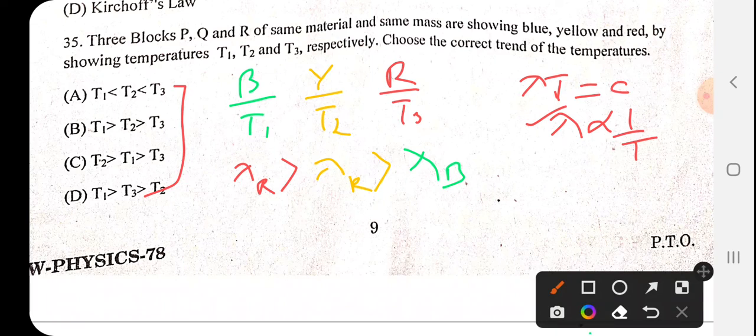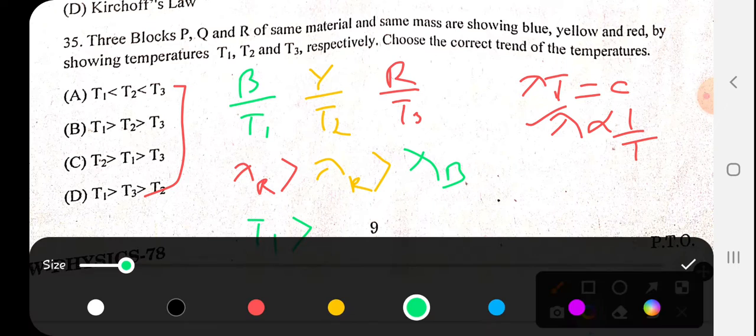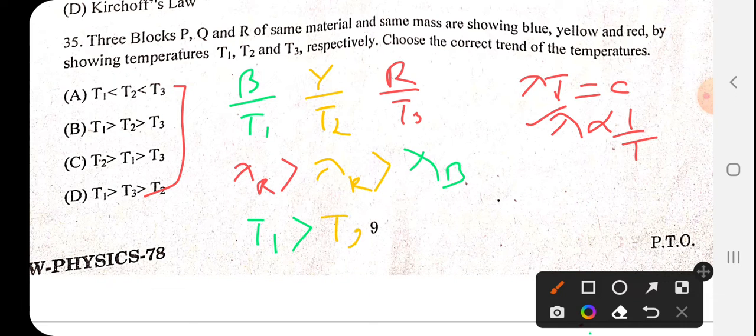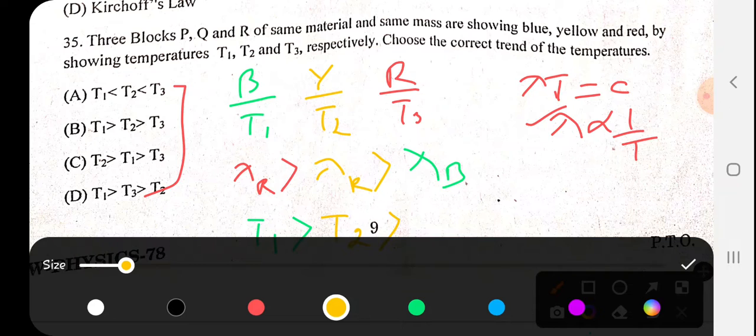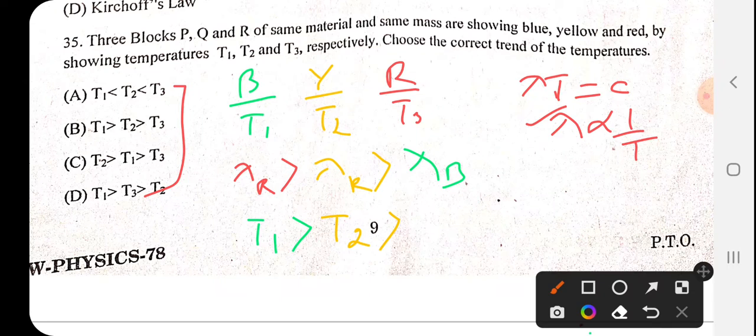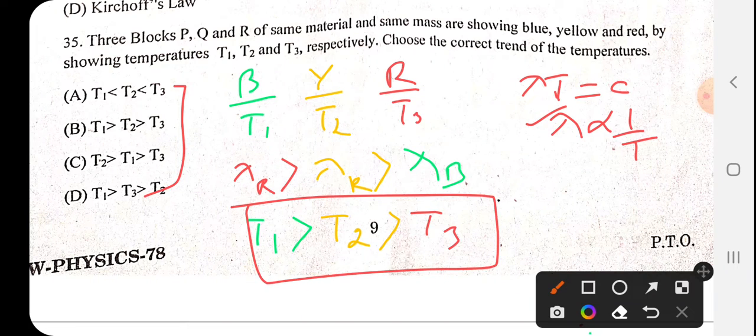For blue this is T1, for yellow color that is T2, and for red color the temperature should be T3. So T1 greater than T2 greater than T3 will be the correct answer. So according to the question number 35, the answer will be option number B.